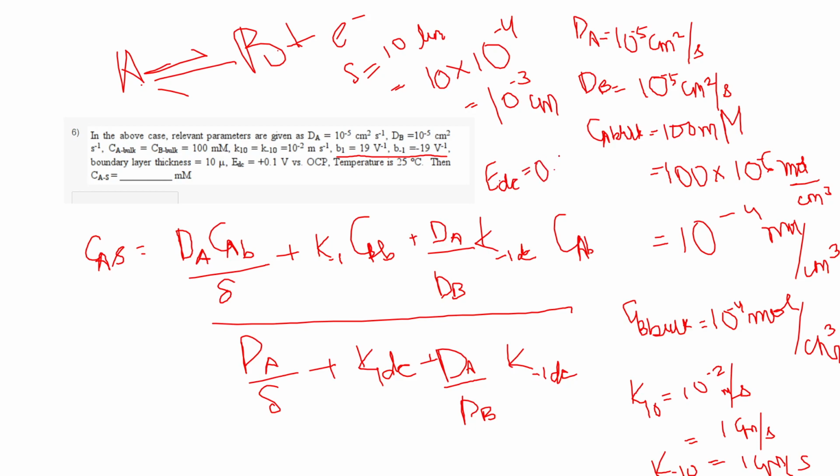EDC is 0.1 volt versus OCP. Substitute everything. Then the next thing that you need is K1 DC and K minus 1 DC. So how do you find out K1 DC and K minus 1 DC? It will be K1 DC equal to, please substitute that, K1 0, every other value is in... Please do it.